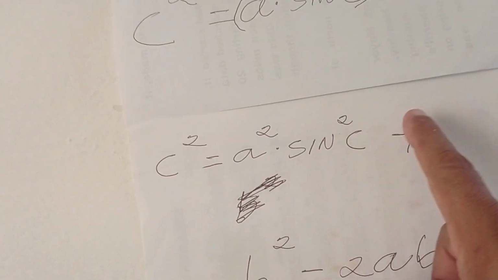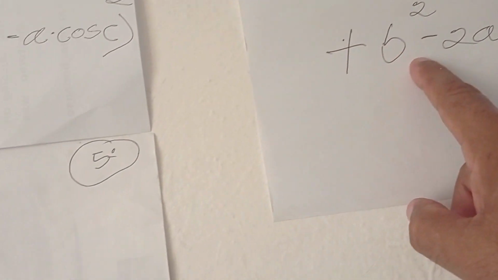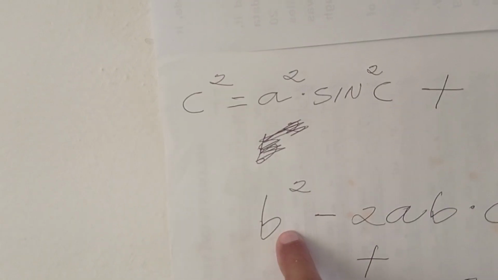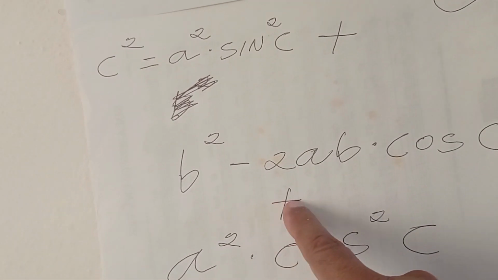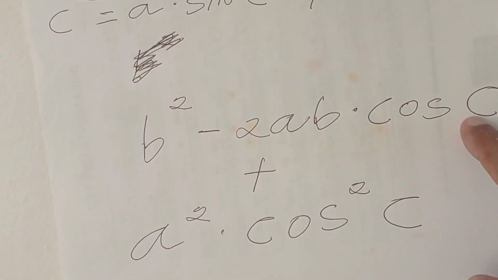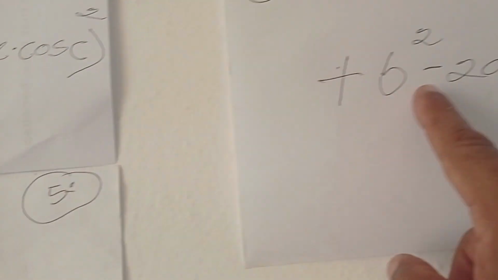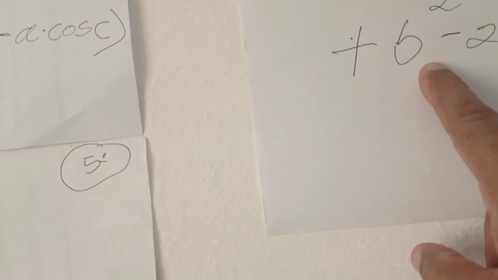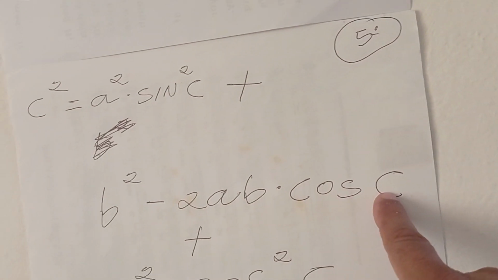And here it is. Plus B squared minus 2ab, where B squared is a common factor, minus 2ab.